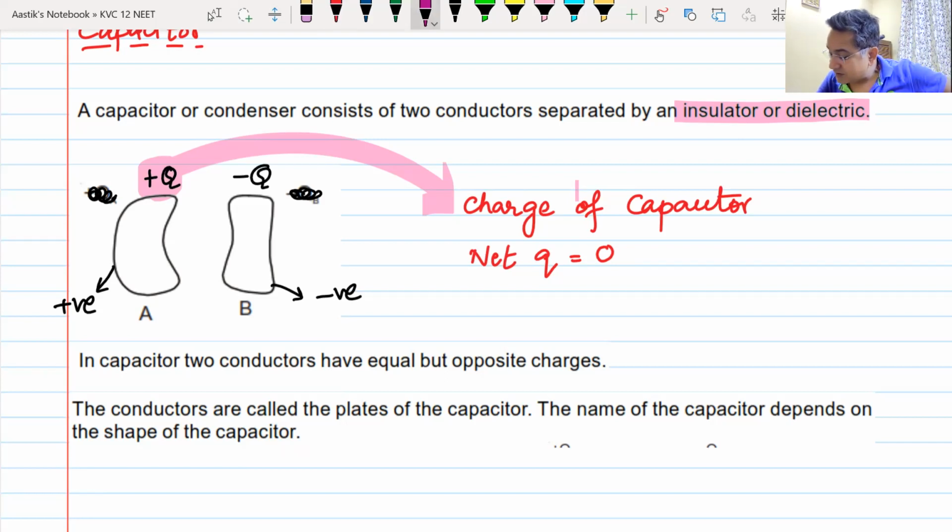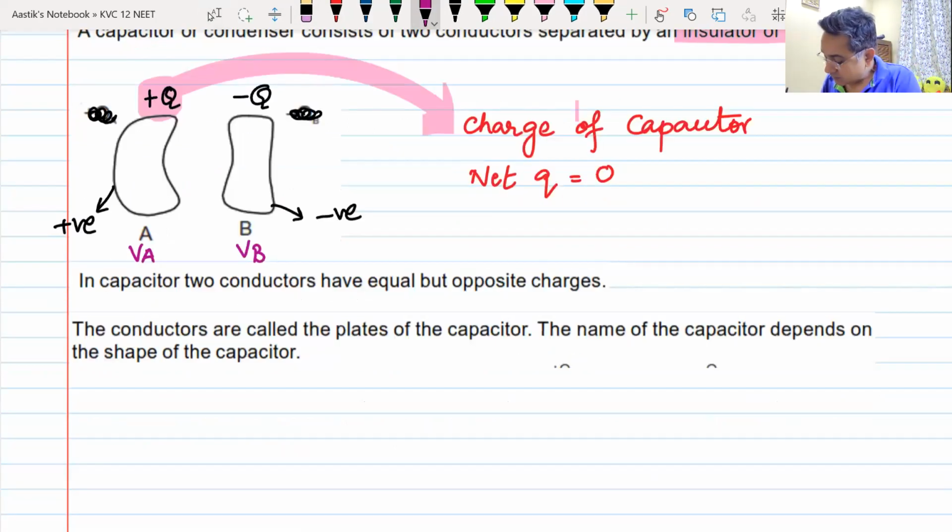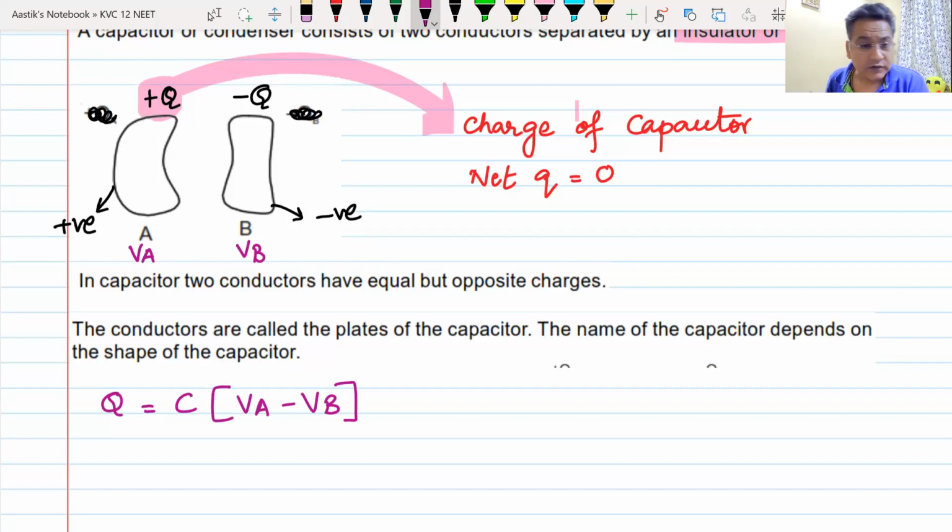Okay. The potential of the positive plate, let us call it VA, and let us call the potential of the negative plate VB. So now I can write the charge Q is equal to C into VA minus VB.